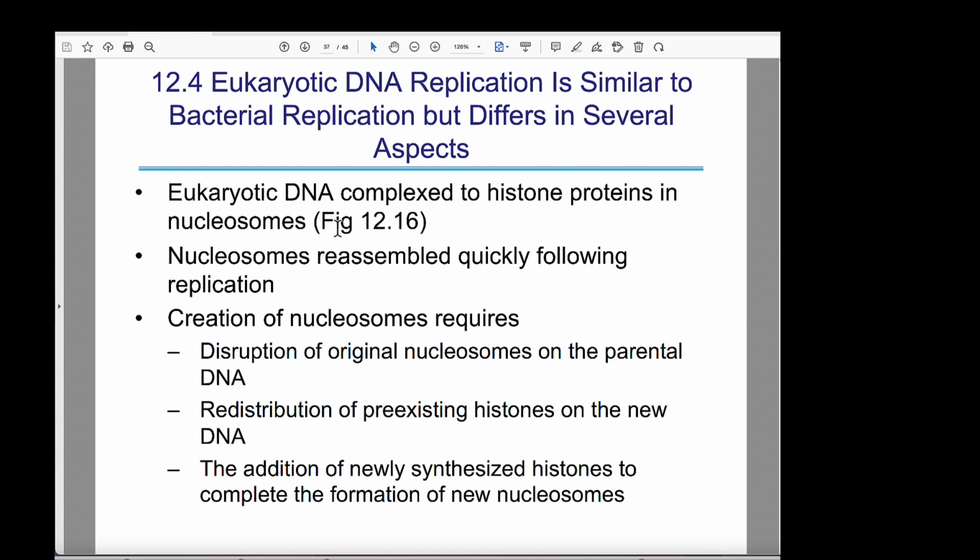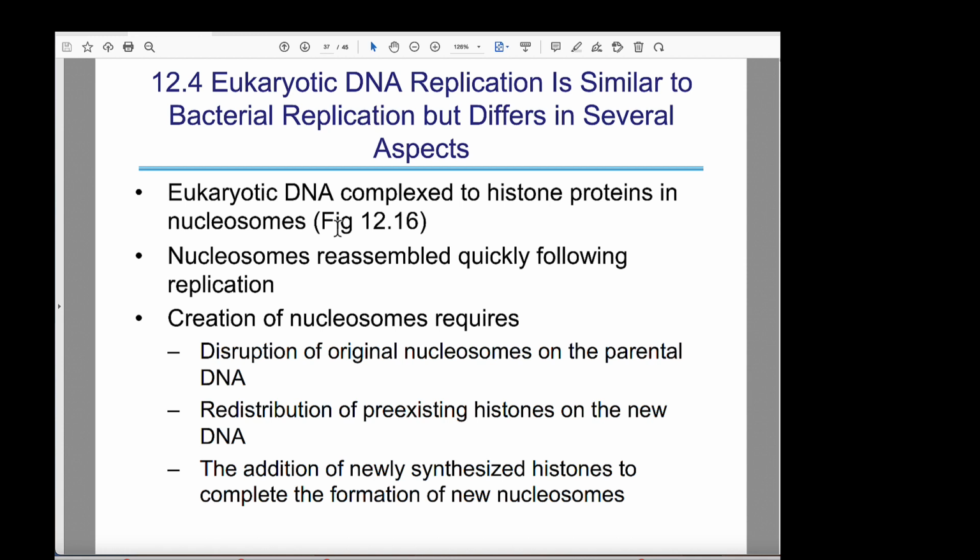We talked about this in a prior chapter. Nucleosomes are made up of the histone proteins H2A, H2B, H3, H4. So you have this octamer of histone proteins along with H1 and other proteins that allow for the DNA to be condensed. So not only do we have to consider the complexity of the decondensing, the disassembling of the nucleosomes and histone proteins and the reassembling of them, but how does this affect replication?